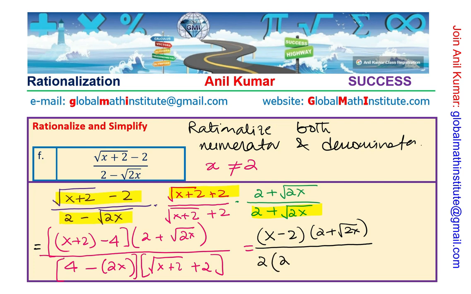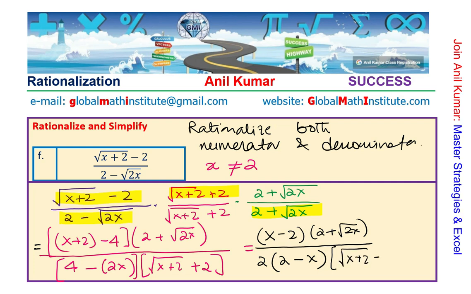And we get 2 minus x as my term. And then we'll multiply this by (square root of x plus 2, plus 2). You get the idea. Now this cancels with the term negative 1. You see that? And you can simplify and write down your answer.